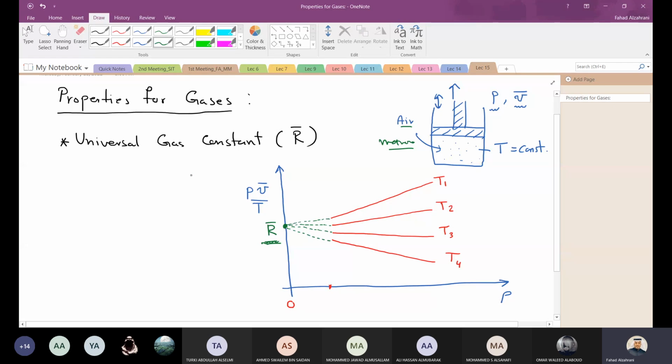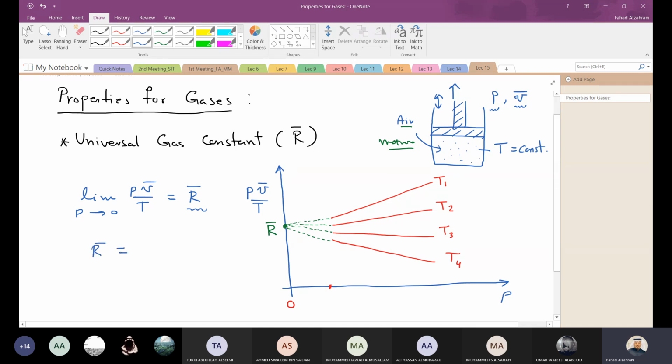And then they said, okay, since this is something amazing, something natural, let's call this the universal gas constant. So if we want to write it mathematically, guys, we can write the limit where P goes to 0 of PV over T. They found that the limit of this goes to R bar, bar meaning the molar basis, and they call this the universal gas constant.